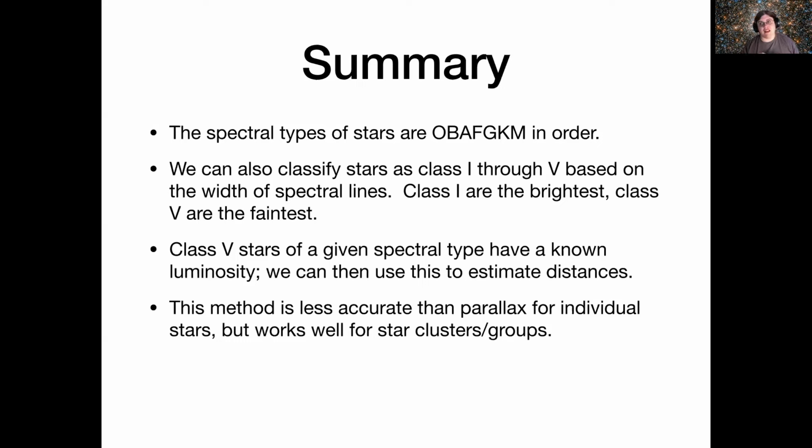And we call them the main sequence because they form a nice line if you plot luminosity versus their temperature versus their spectral type. So if you know their spectral type, you know their luminosity. All you need to know is they're on the main sequence. And this is a less accurate method to get distance than geometric parallax, but it's still pretty useful, especially if you have multiple stars you can combine.